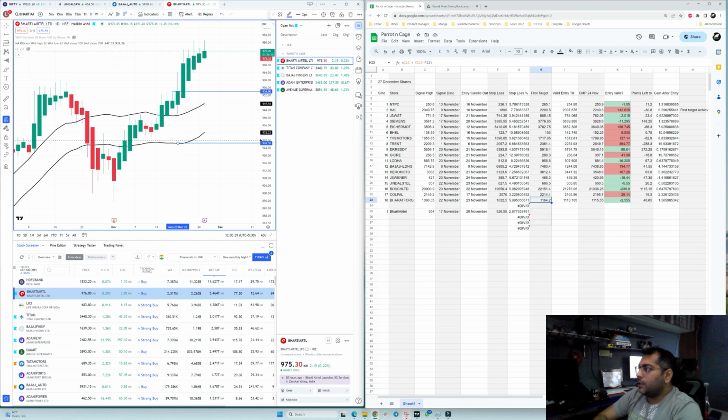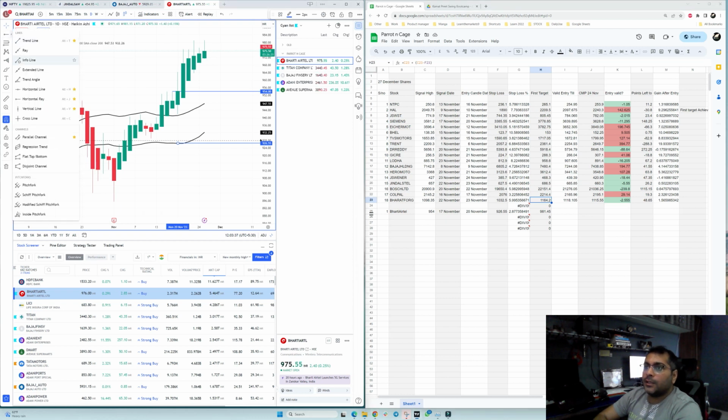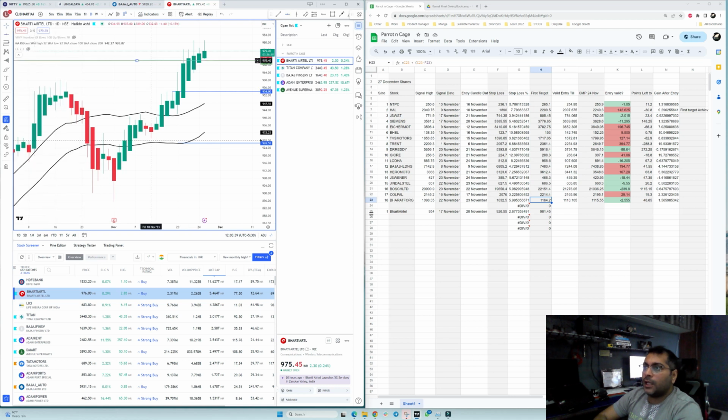So I would just simply calculate. Now the price comes at 981.45. What I can do is take a horizontal line and mark it at 981.45. Press OK. So basically it says this is the price.